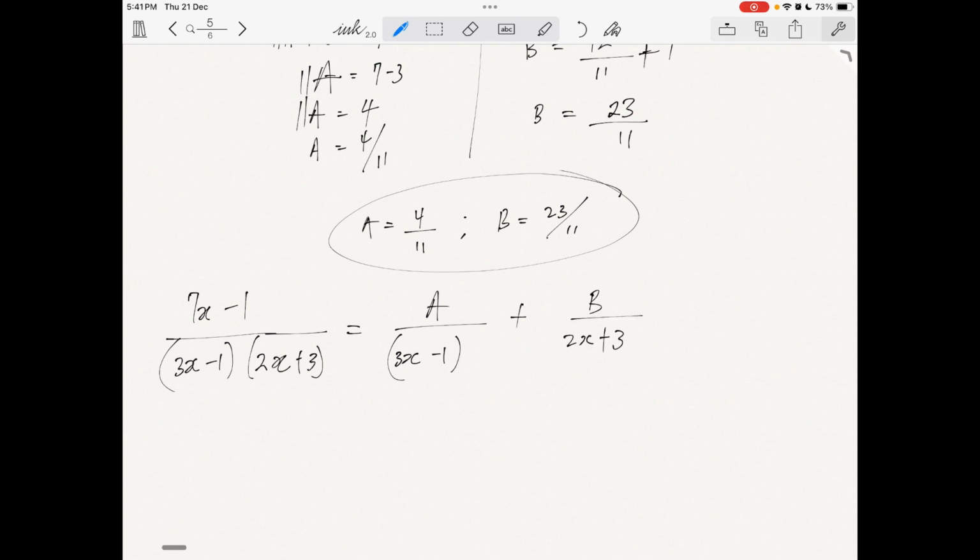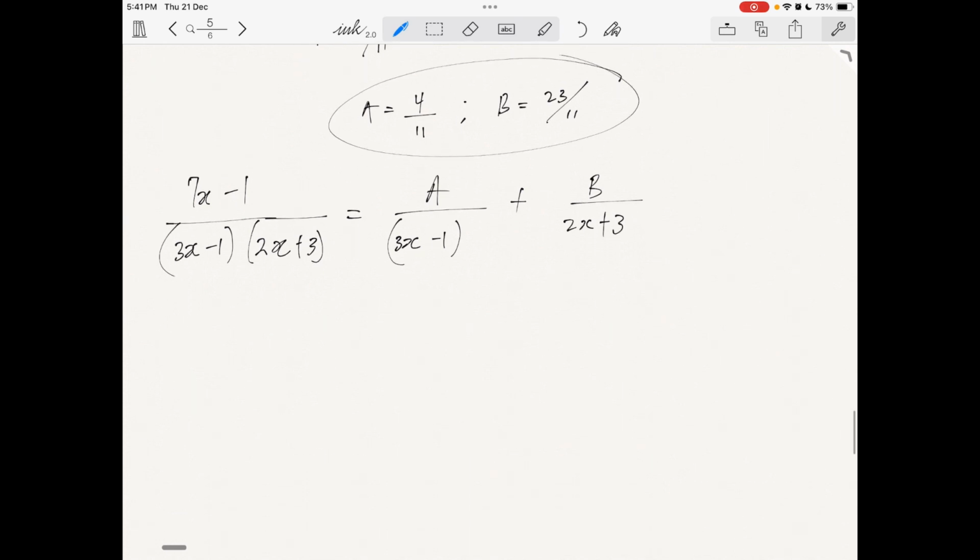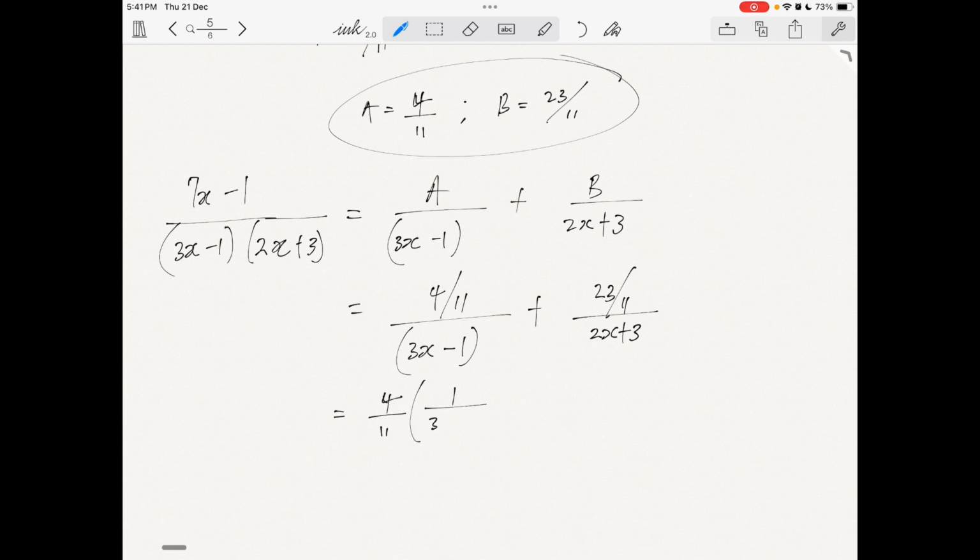Now all we have to do is substitute our values for a and b. Our a is 4 over 11 into 3x minus 1, and our b is 23 over 11 into 2x plus 3. Now this will give us 4 over 11 into 1 over 3x minus 1 plus 23 over 11 into 1 over 2x plus 3.